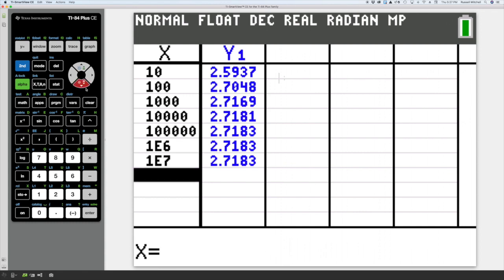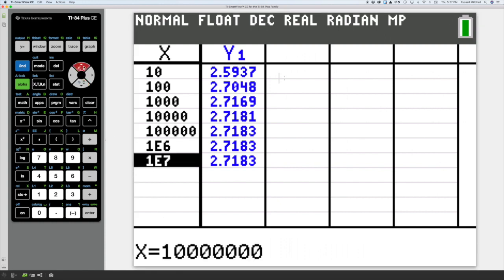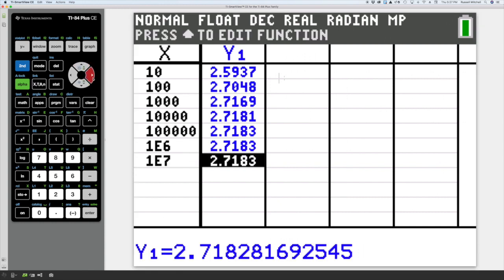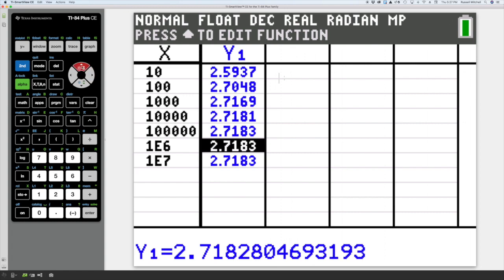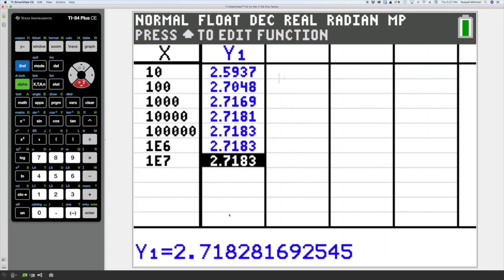There we go. And still, it's getting closer and closer. 2.71828, 280, so slightly, barely different. If we continue to do this and get larger and larger and let x go to infinity, this is going to approach the number E.